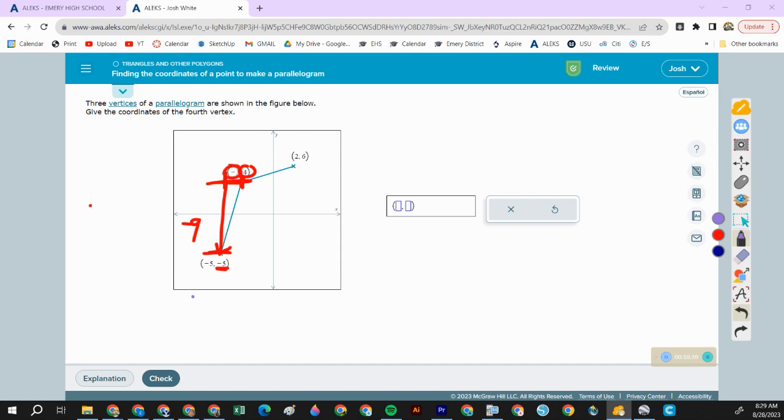From negative 3 on the x to negative 5 on the x would be 2. So we're going to go left 1, 2, and down 1, 2, 3, 4, 5, 6, 7, 8, 9. So from 6 down 9 would be negative 3 on the y. From 2 over would be 0, negative 3. And there is my parallelogram. So it doesn't matter which side you use, they'll both work.